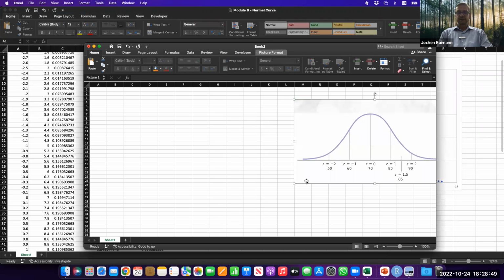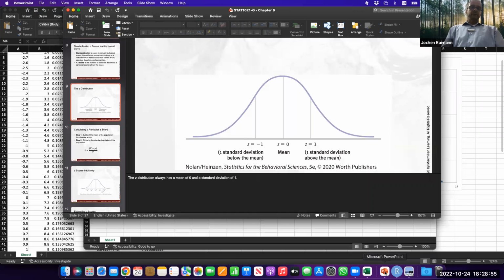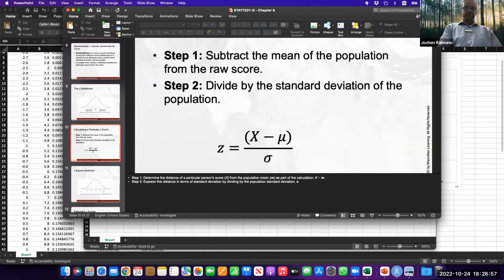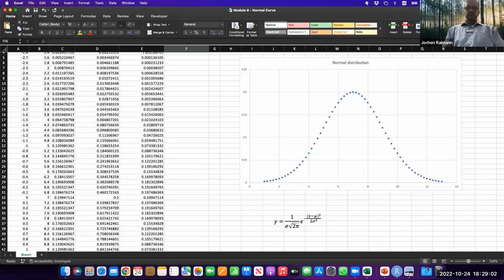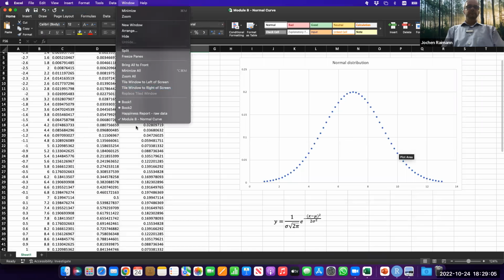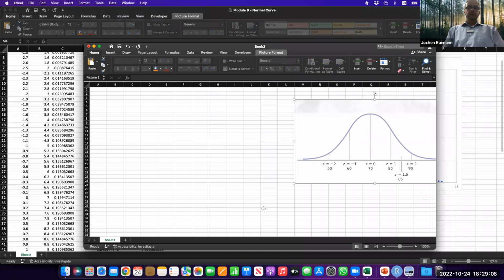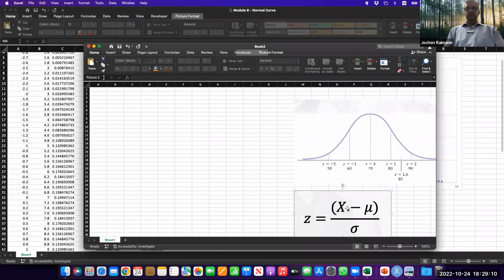So this is the situation, right? And so this is the example. If we take this formula, each individual z is calculated as an X, which would, for example, be here 80, minus the mu, where the mu is 70, divided by the sigma.